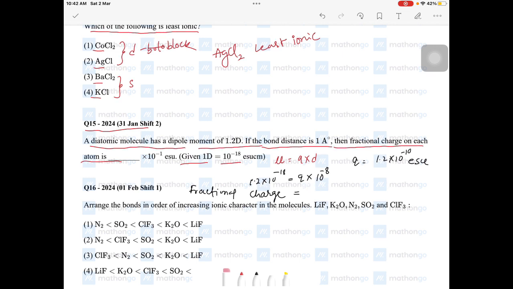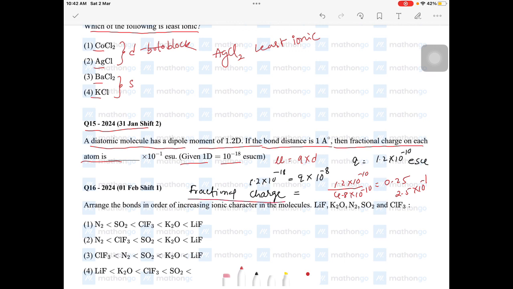So that is q, how much we got? 1.2 into 10 to the power of minus 10 divided by 4.8 into 10 to the power of minus 10, that is 0.25 or 2.5 into 10 to the power of minus 1.